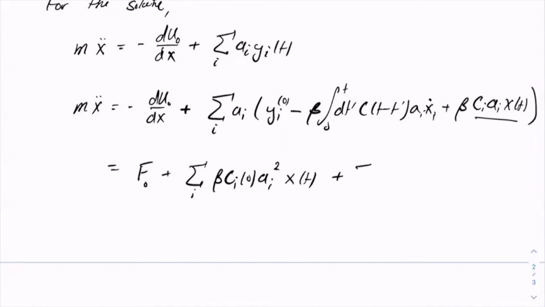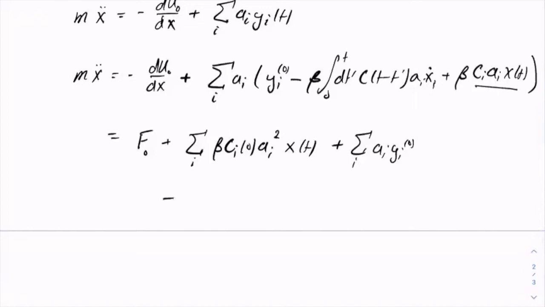I have a sum over AI yi in the reference. And finally, I have a minus beta and an integral over time, the response function of the bath, on the velocity of the solute particle.